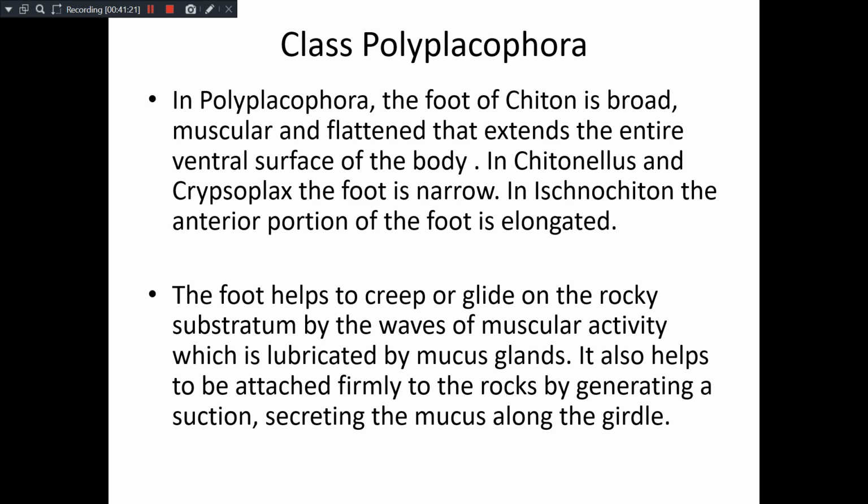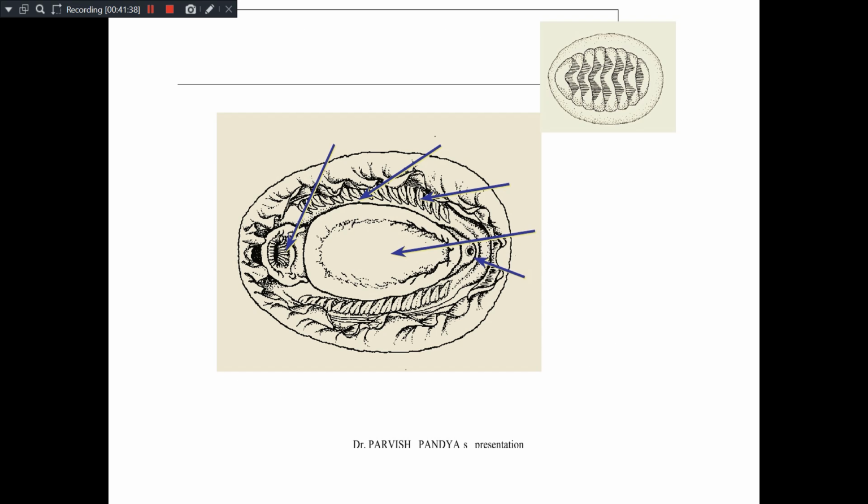This mucus also helps the polyplacophorans attach firmly to the rocks by generating suction, and it is slimy because mucus is secreted here. See the ventral foot of the chiton, very broad.